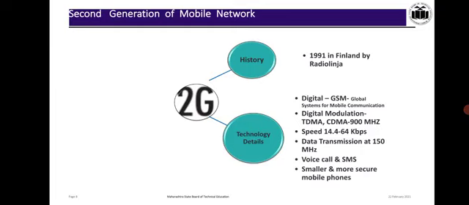It allows voice calls as well as messages, with smaller and more secure mobile phones. It provides better quality and capacity. The applications are video calls as well as short messages.